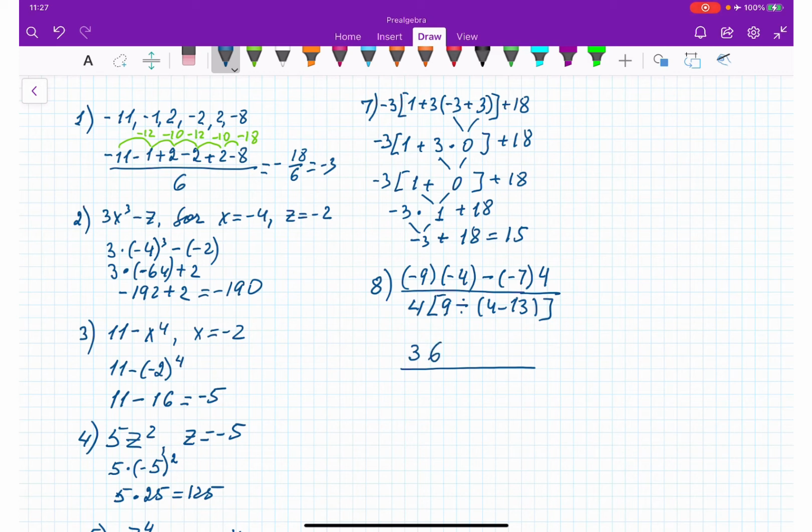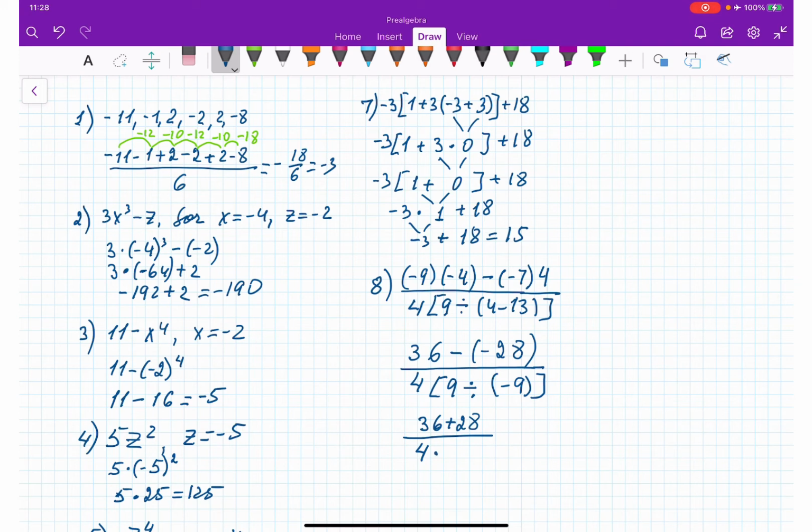Now, minus negative 7 times 4. It's going to be negative 28. Next, at the bottom we have 9 divided by 4 minus 13. It's going to be negative 9. Okay, and this is equal 36 plus 28 over 4 times 9 divided by negative 9.